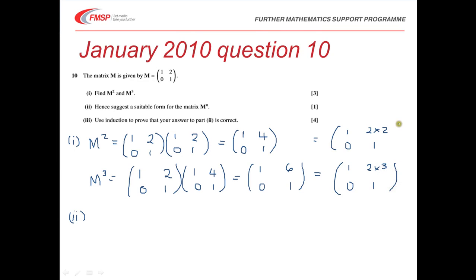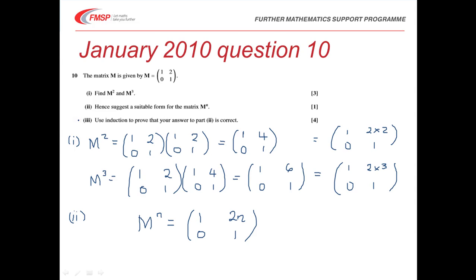So for M squared it's 2 times 2, for M cubed it's 2 times 3. So hopefully you would think that perhaps M to the power of n might be 1, 2 times n, 0 and 1. So it's important that you make your conjecture there, and then for the third part we're asked to prove it.